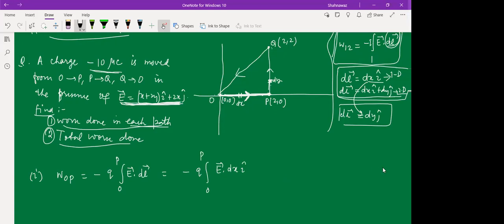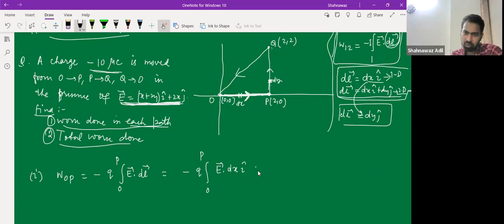Yes, sir. Okay, and we know Q is minus 10 microcoulomb, right? And E from O to P is x plus 2y i hat plus 2x j hat, dot dx i hat. So only i will survive.